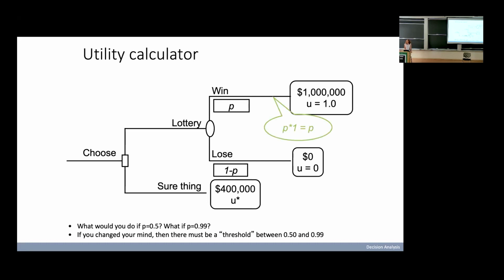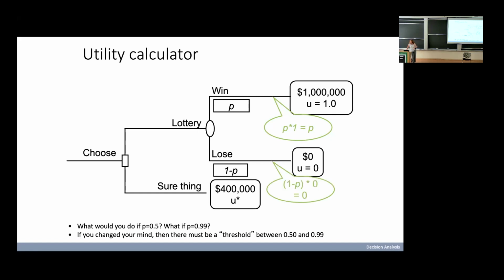So we can figure that out mathematically. It's very easy. Basically, what we want to figure out is where we are indifferent between the lottery and the sure thing, where both options are exactly the same to us in terms of expected value. So for the upper arm of our decision tree, because the utility is 1, p times that utility, so we value that outcome, will be p.